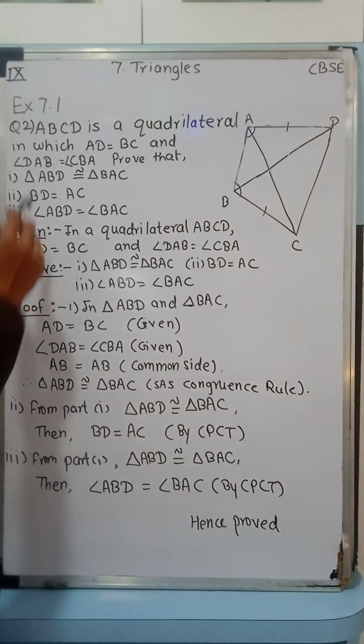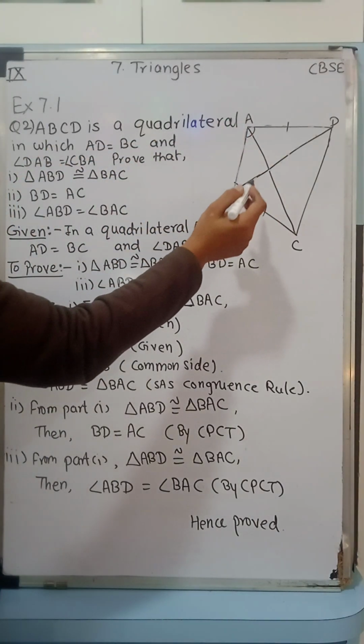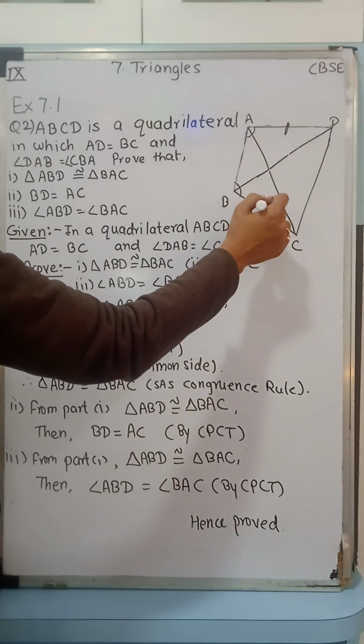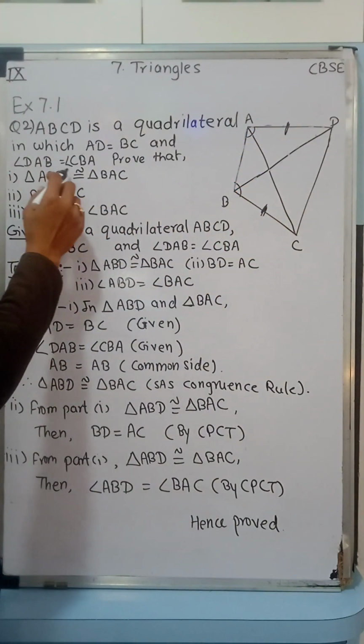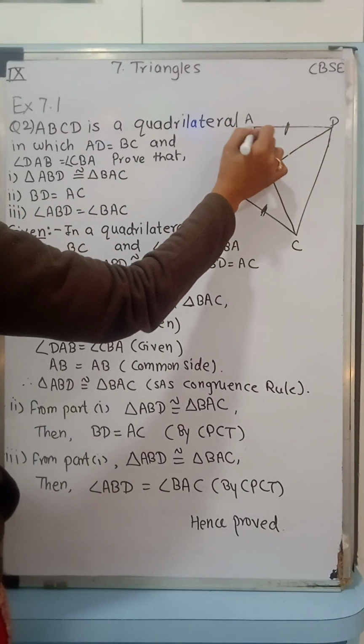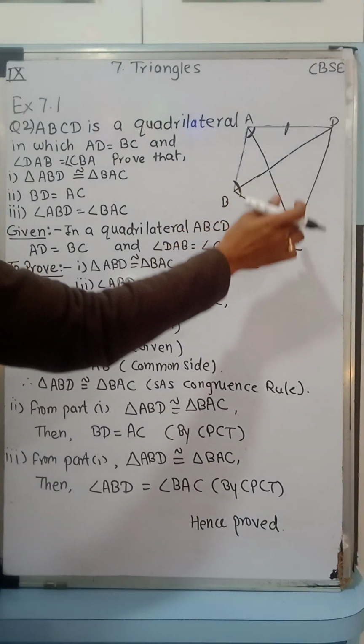Here the diagram is given. ABCD is a quadrilateral in which AD is equal to BC. It is marked already there. And angle DAB is equal to angle CBA.